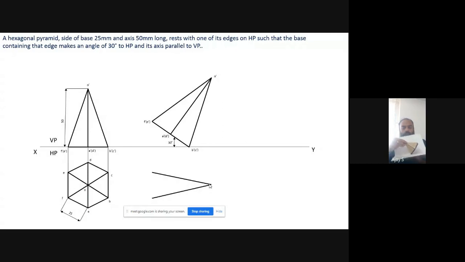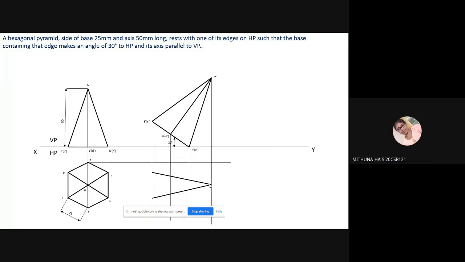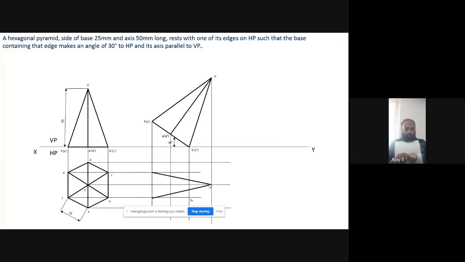So now what will be the top view if I rotate this? Can you see the top view? Is this right?